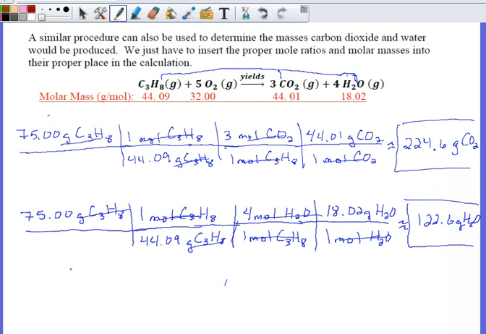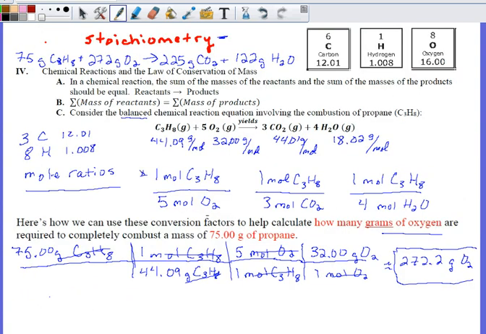So if you go to check your law of conservation of mass, you have 75 grams. Well, it's 75.00, so I guess I will do that right here, of propane. And then we calculated our oxygen in the previous part was 272.2.